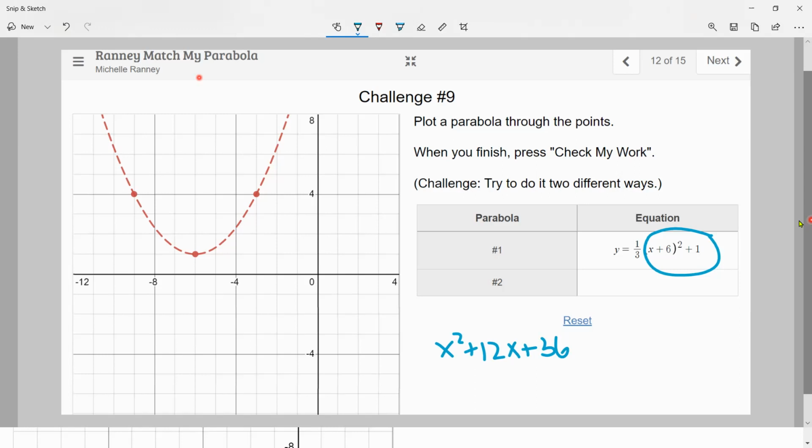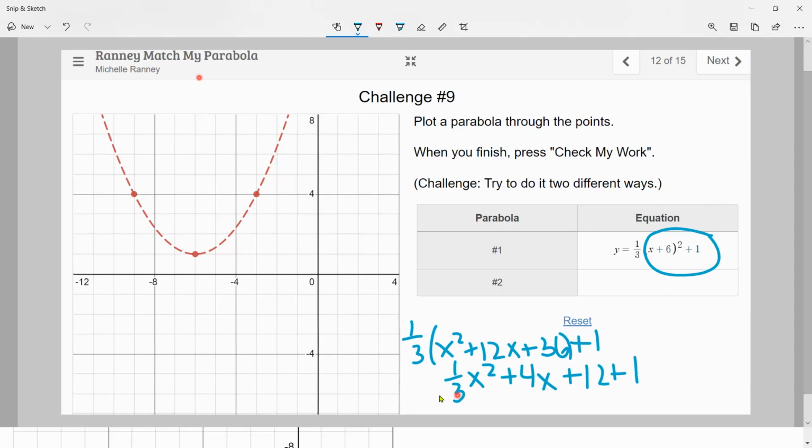And then I'm going to add 1 onto that after I take a third of it, because I still have my 1/3 in front. So my 1/3 is multiplying my x squared plus 12x plus 36. So I would get 1/3 x squared, plus 4x plus 12 plus 1. And so my equation is going to be y equals 1/3 x squared plus 4x plus 13. That's going to be my equation.